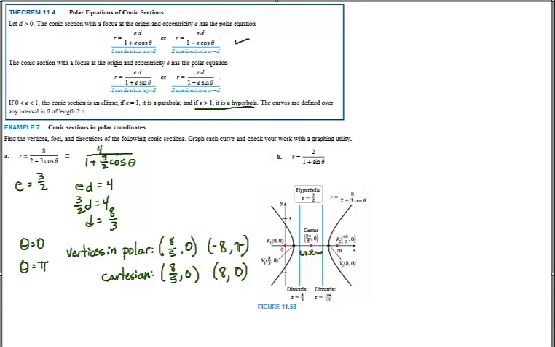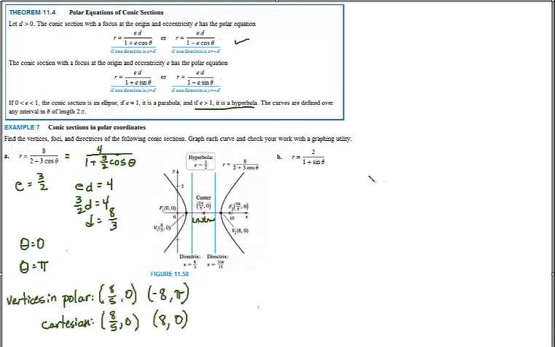So let's get the other one. Alright, let's look at this next guy. I can see I have something of this form for this next one, and specifically this guy here. I already have it in the perfect form, so e in this case is equal to 1, and if e is equal to 1, that means I have a parabola.